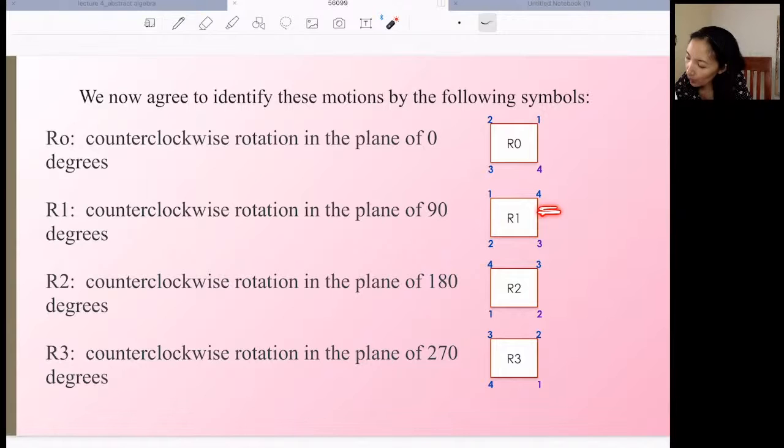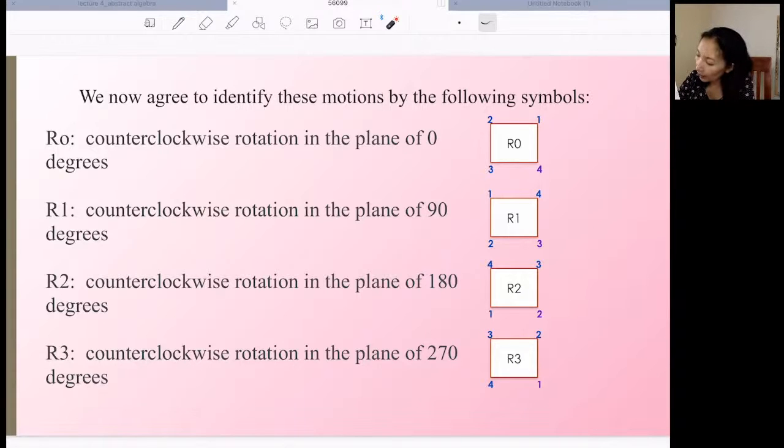So, what happens to 1? 1 will be here already. And what happens to 4? 4 here. And 3 rather, 3 up. And so on. So, how about R3?